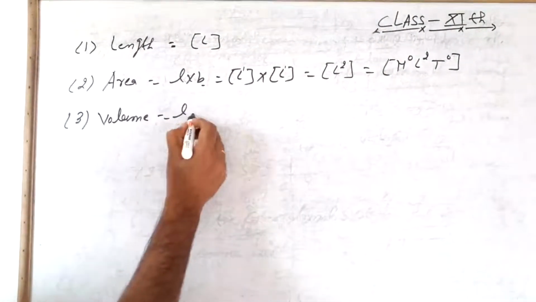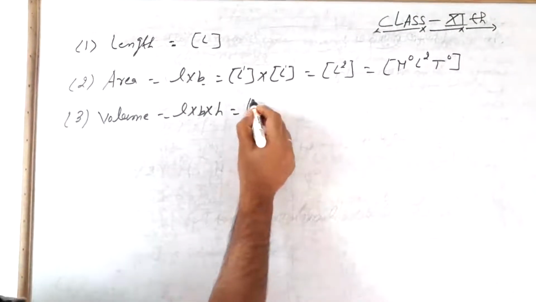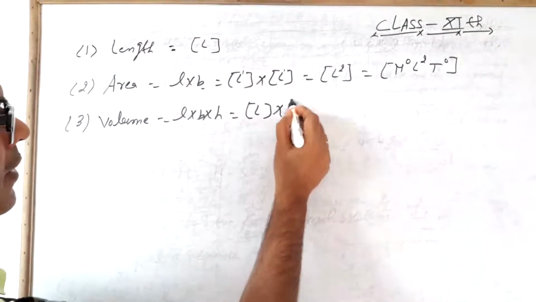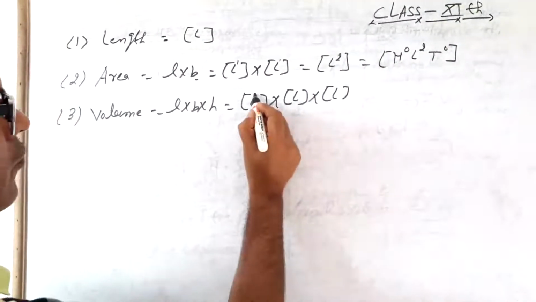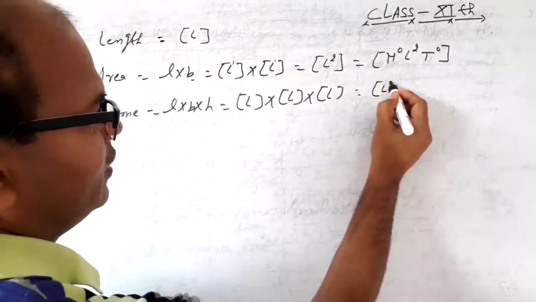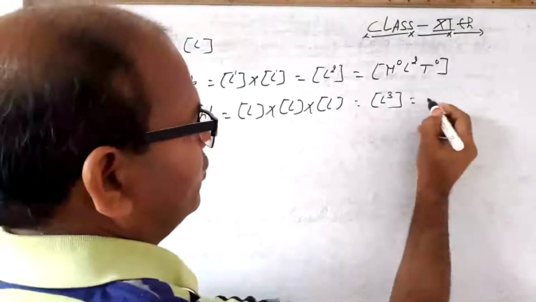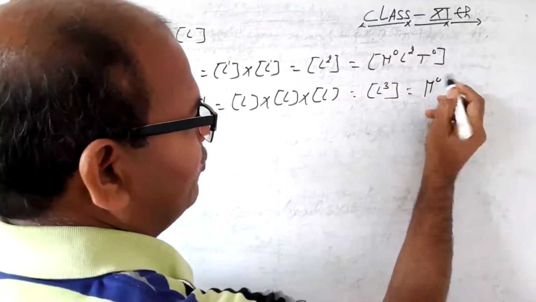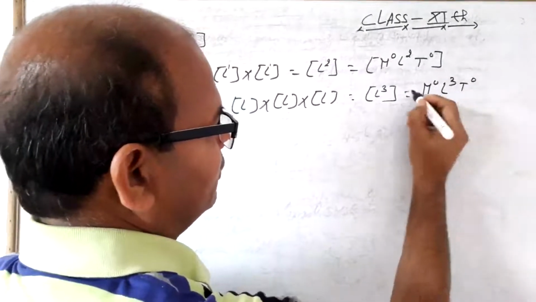You know that volume is length into breadth into height, means L, L and L, powers 1, 1 and 1. It becomes L to power 3. So the dimensional formula is L to power 3, and you can also write it in this form: M to power 0, L to power 3 and T to power 0.